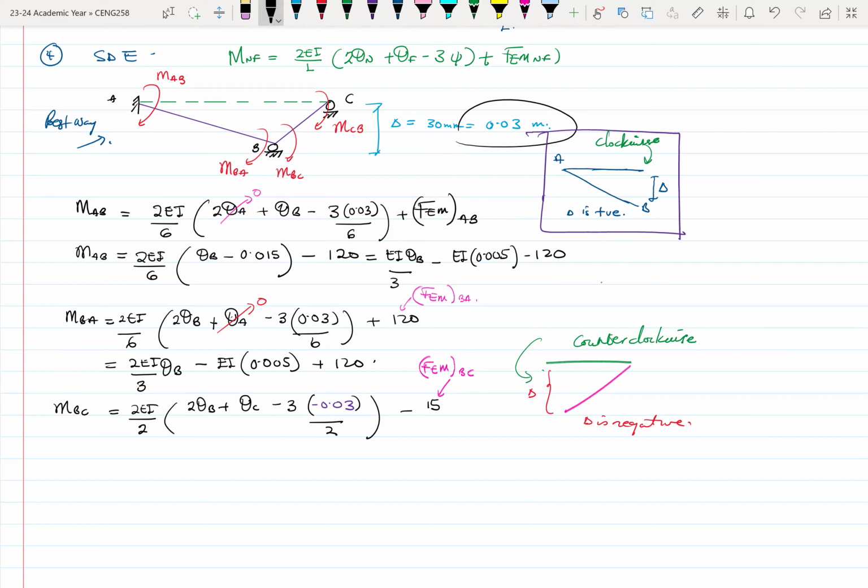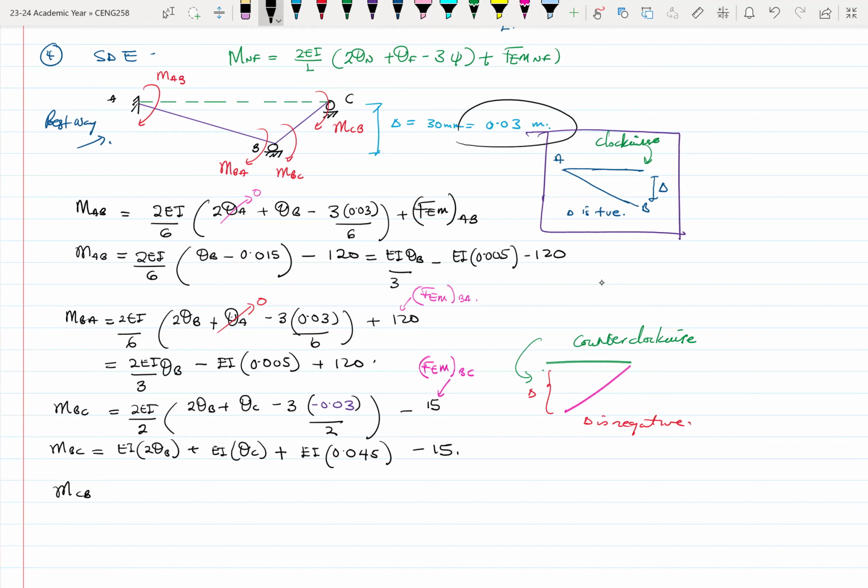So I can simplify this to be MBC equal to EI 2 theta B plus EI theta C minus this whole thing, 0.03 times 3 over 2. So this gives me plus EI 0.045. You can be doing the math on the side just in case I mess up something, then you can prompt me because I'm doing the calculations in real time.